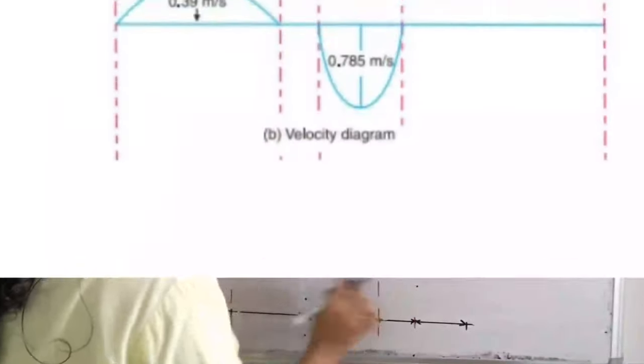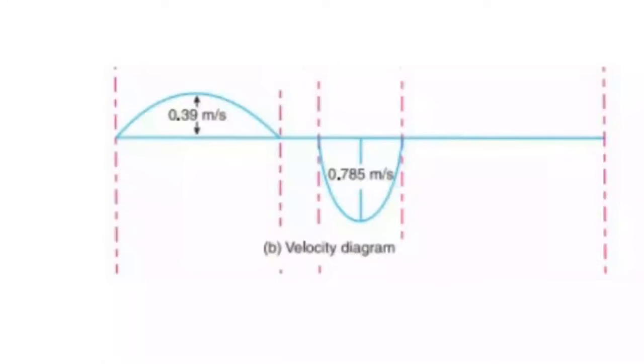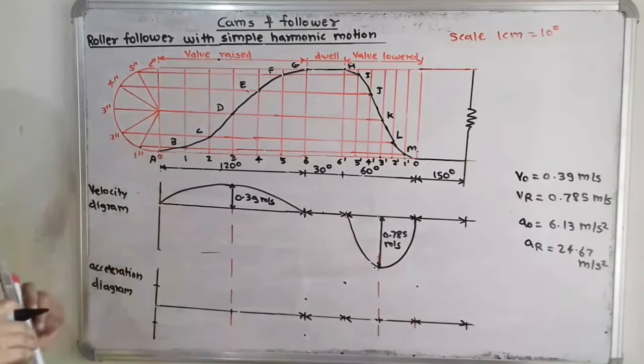So this is the curve that is obtained. Now we can write the values here: this vertical distance is the maximum distance, that is 0.39 meter per second, and here also this is the maximum distance, that is 0.785 meter per second. So this is the velocity diagram.